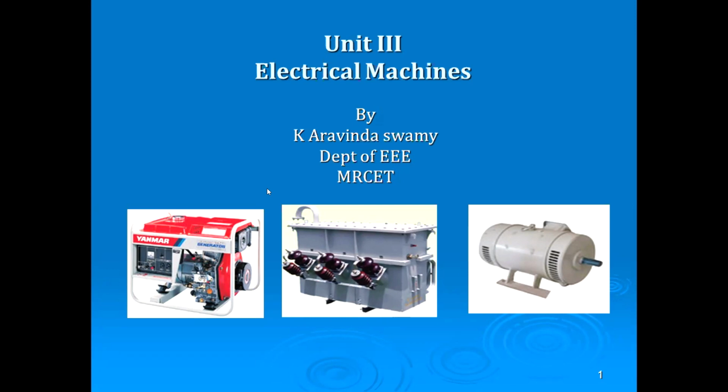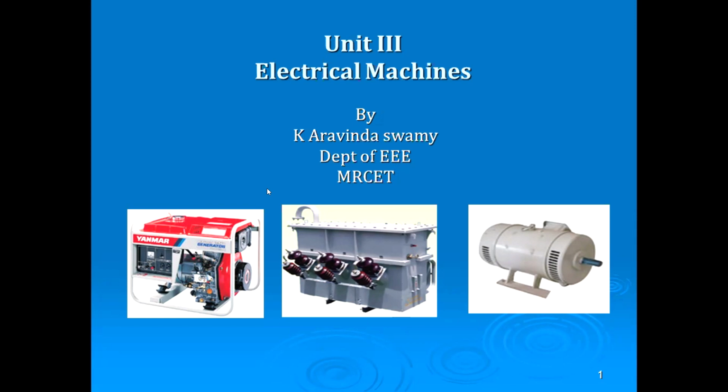So what do you do? Generally, the power is generated at the generating stations. In the general way of giving power to customers, we generate at the generating stations and then we give it to the grid.